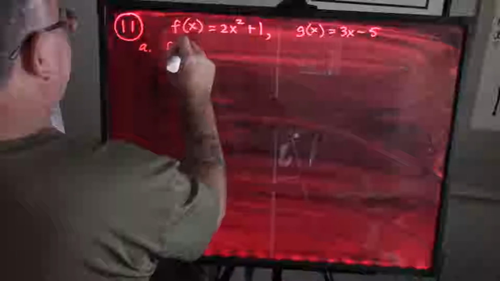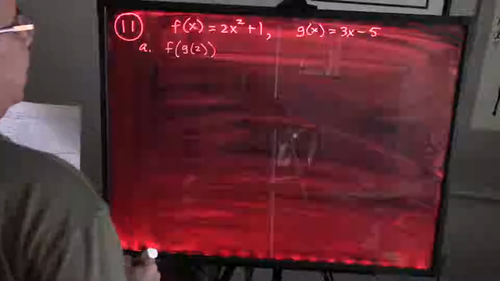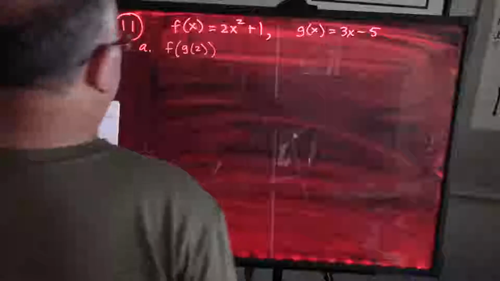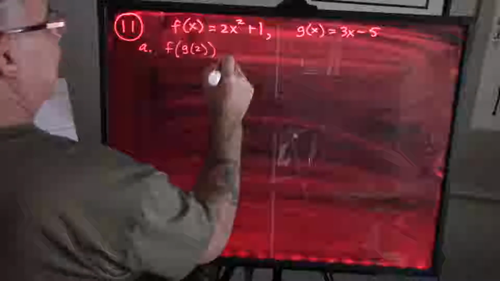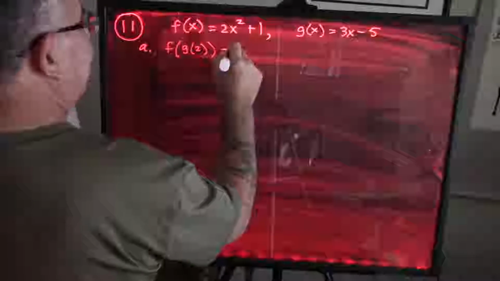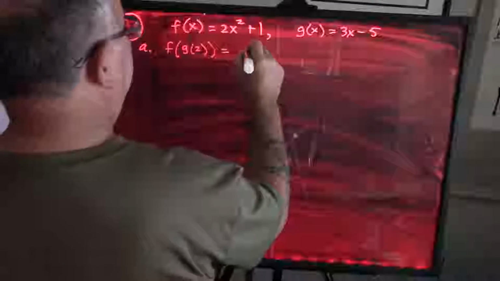F of g of 2. So g of 2 takes the place of x in f of x. Well, what is g of 2? It's some number, right?